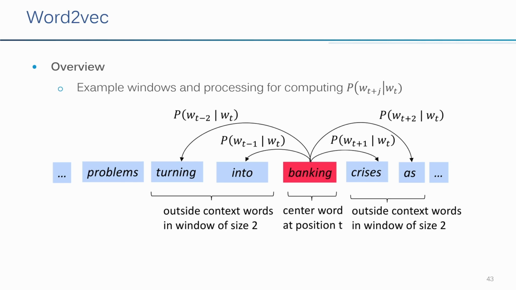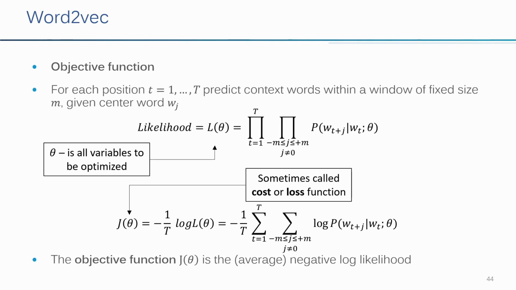Okay, and now let's dive a bit more into the specifics of what we are actually trying to accomplish. For each position T, from the very first word until the end of your corpus, we're going to predict the context words within a window of fixed size M, given a center word WJ right here.